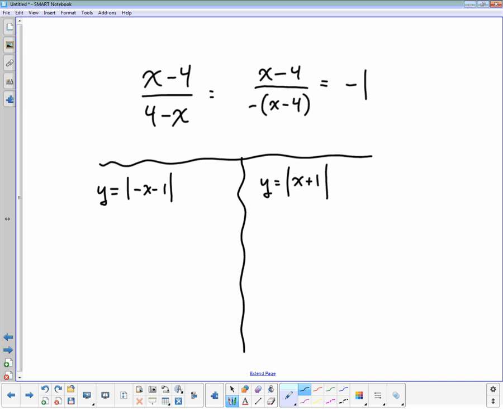All right. And for lack of doing it on a graph, I'll do it in a table. Okay.